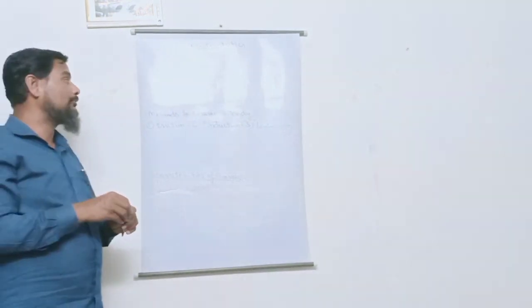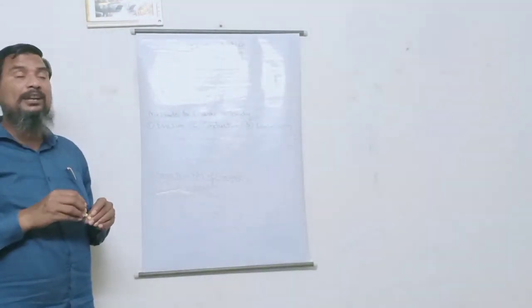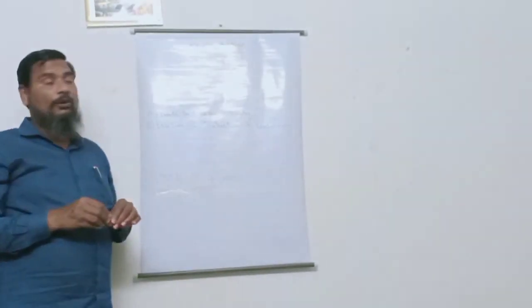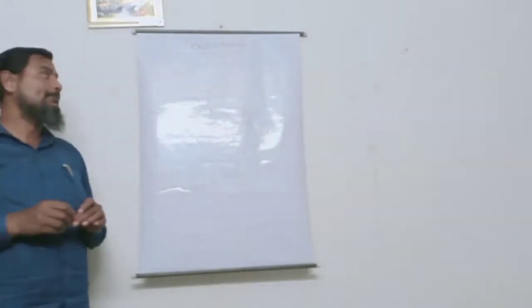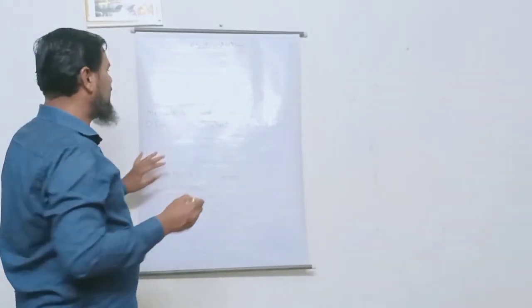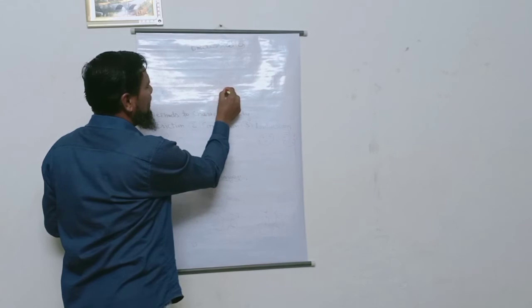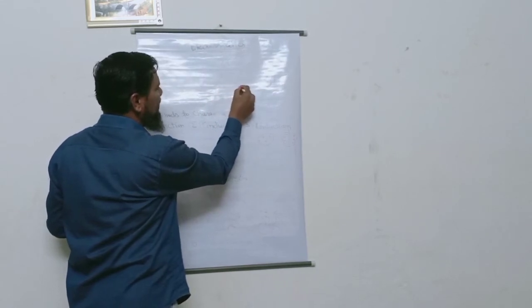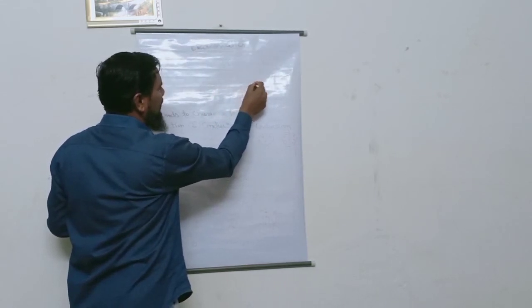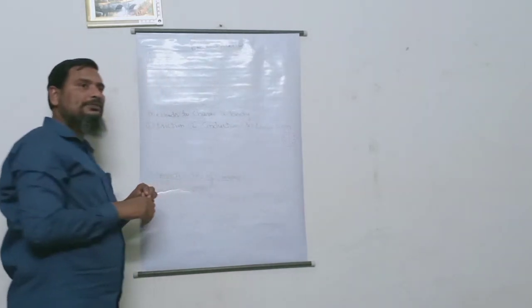The minimum amount of charge that can be acquired by a body. A body can be charged by the minimum amount of charge, that is called one quanta, and it is equal to one electronic charge, and its value is 1.6 into 10 raised to the power minus 19 coulomb.